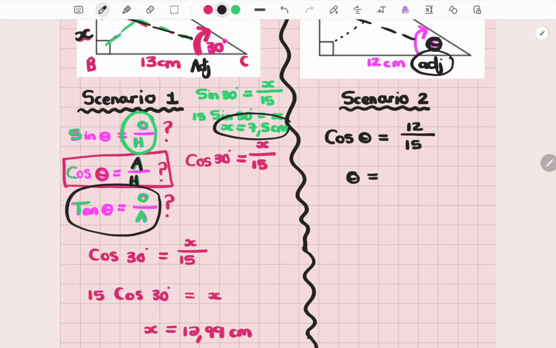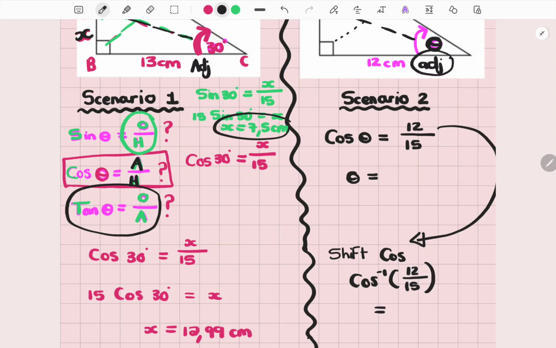So theta is equal to, and this is where we have to use the inverse function on our calculator. So to get the answer for theta, we have to press shift, shift cos. Then it will give me cos to the power -1, and you open it up. Then you're going to put in that ratio 12 over 15. So 12 over 15 is going to give you that theta is equal to 36.87 degrees. Let's just round up to the nearest degree, 37 degrees.